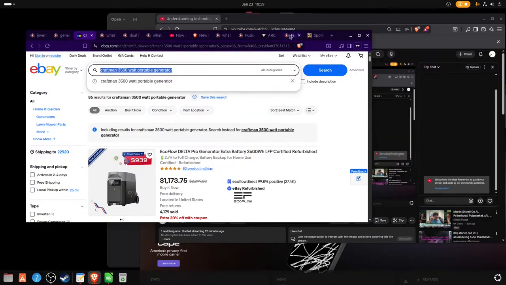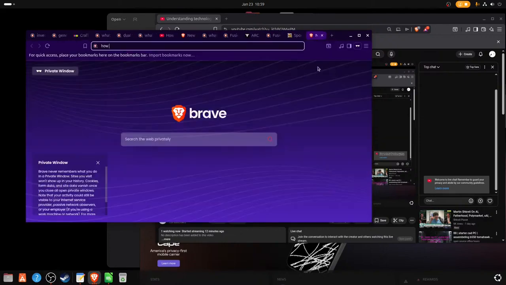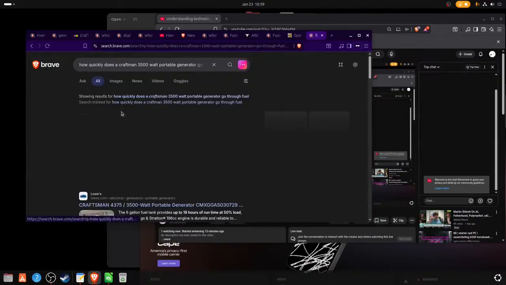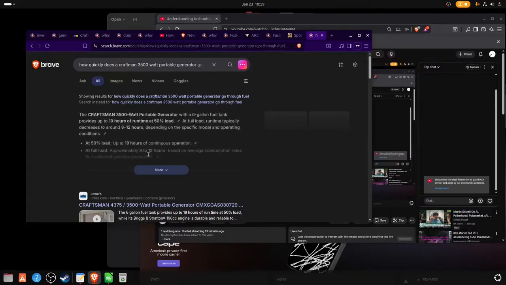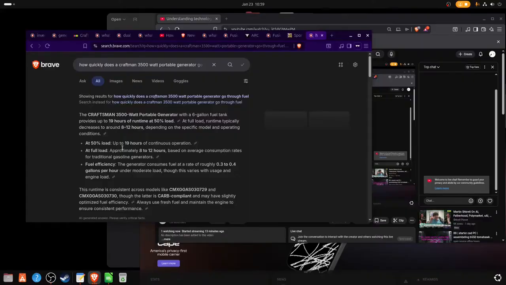Let's see how quickly they go through fuel. How quickly does it go through fuel? 19 hours of runtime at a 50% load. 0.3 to 0.4 gallons per hour.